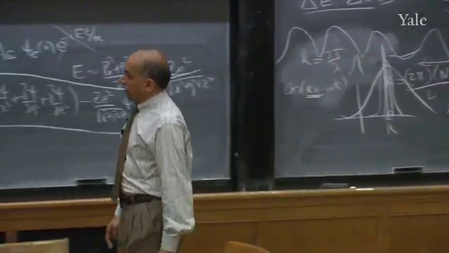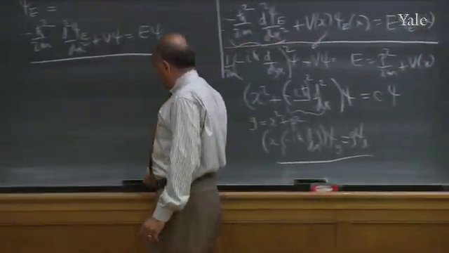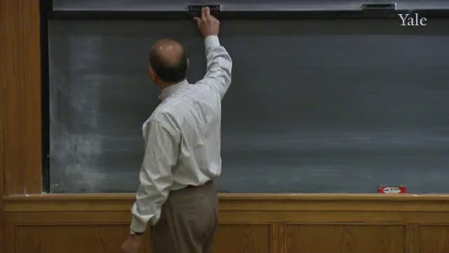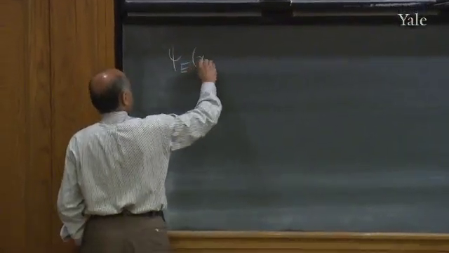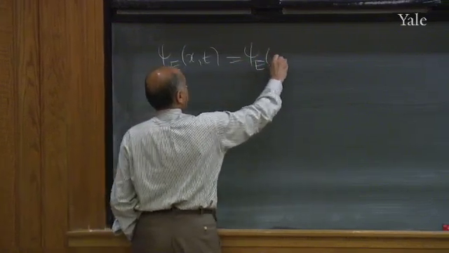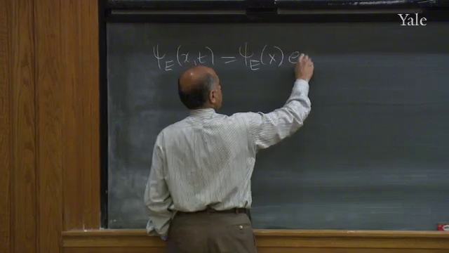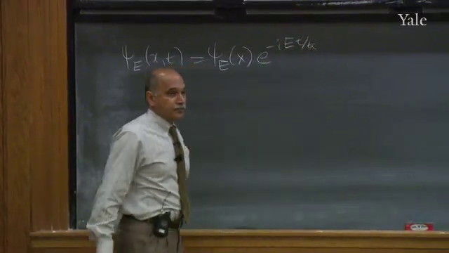So now I'm going to come back to energy and time. Remember, a state of definite energy E behaves as follows in time. It looks like psi_E(x) times e to the minus i E t over h bar.